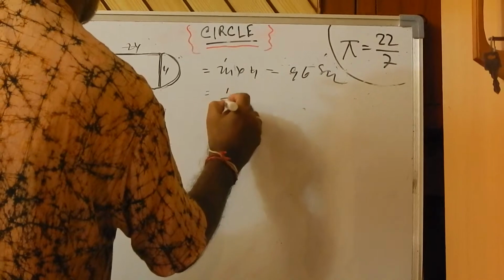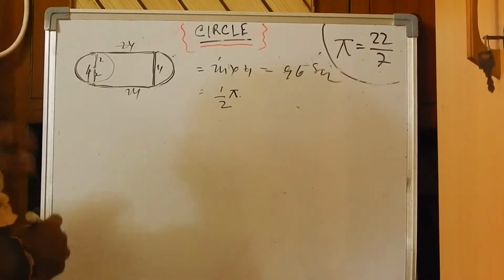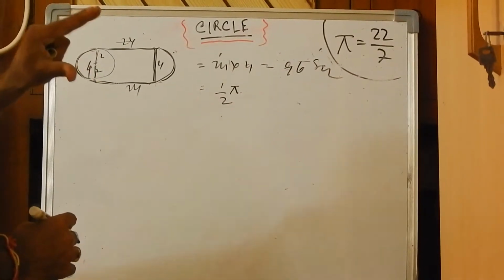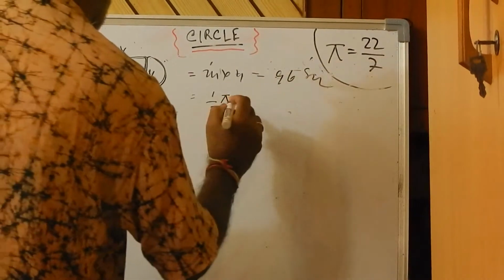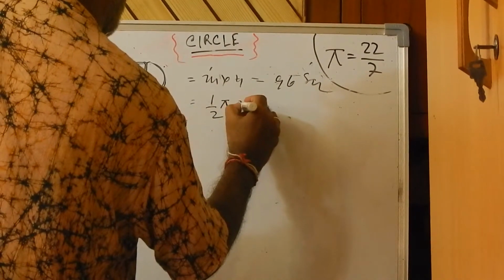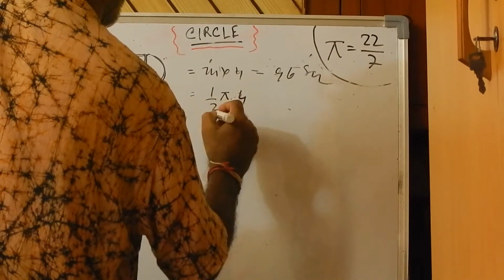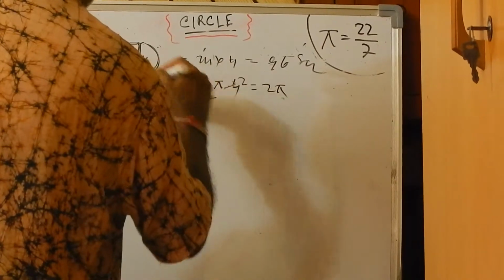The total area of a circle is pi r square, so here we need half: half pi r square, half into 2 square, that is 4, so 2 pi. Similarly, here is also a 2.